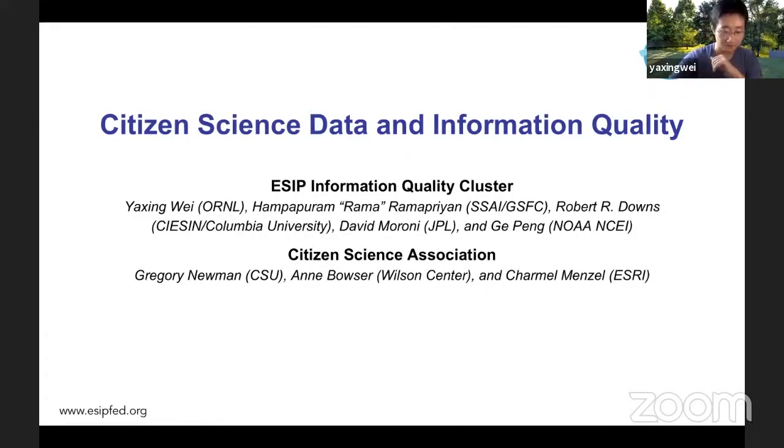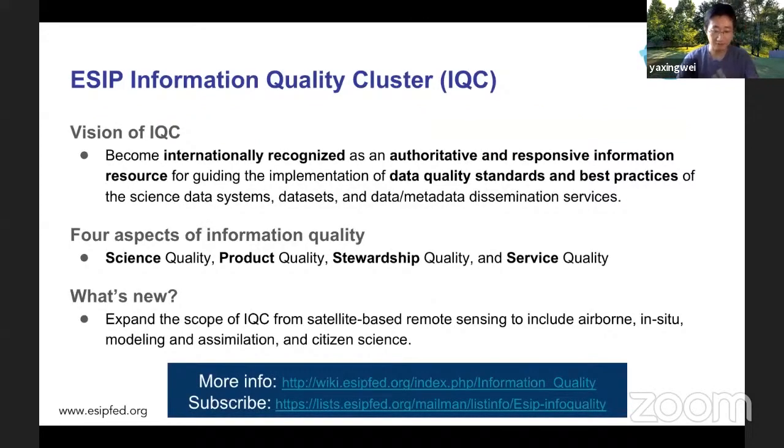So to move forward, first I want to give a brief introduction to ECIP IQC. The vision of the ECIP Information Quality Cluster is to become internationally recognized as an authoritative and responsive information resource for guiding the implementation of data quality standards and the best practices of the science data systems, data sets, and the data and the metadata dissemination services.